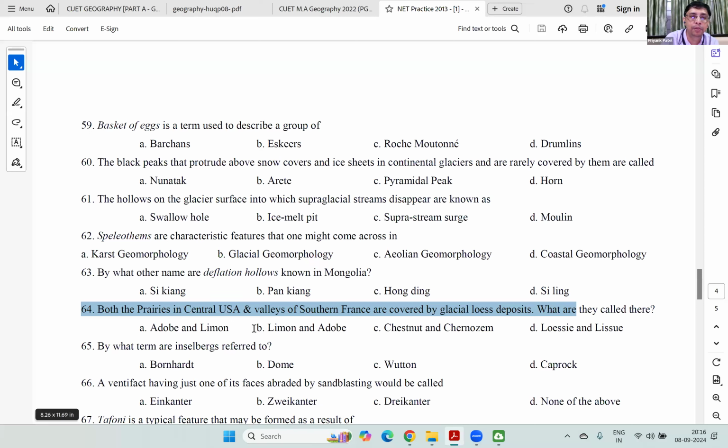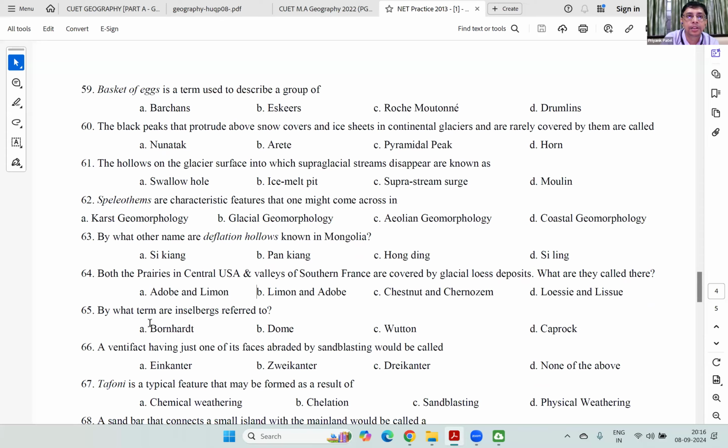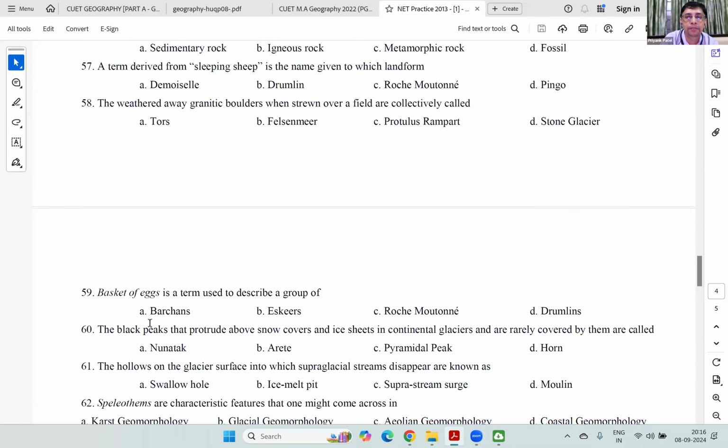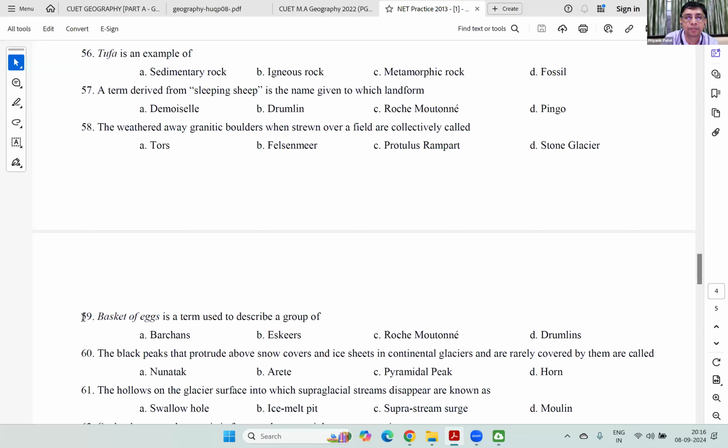This answer would be adobe and limon. 64A again. Anyhow, basket of eggs topography is used to describe what kind of landscape? Barkhans, eskers, roche moutonnées, or drumlins. So 59 answer would be D, drumlin.